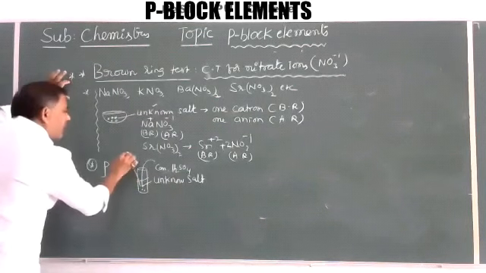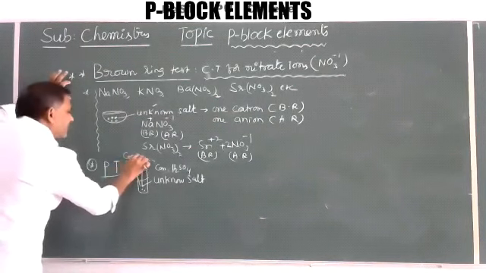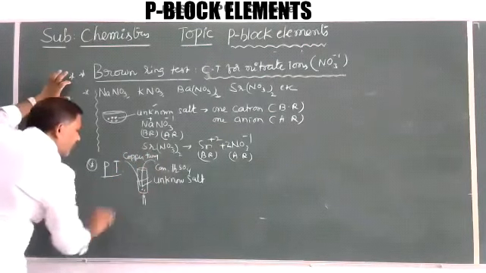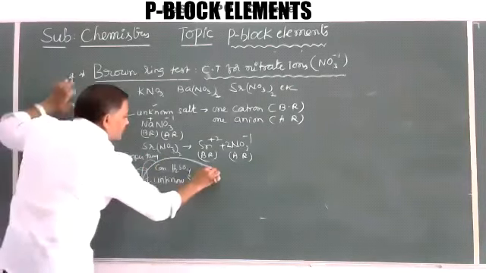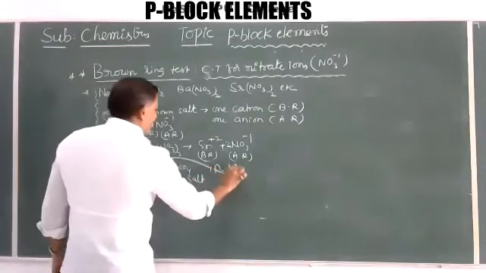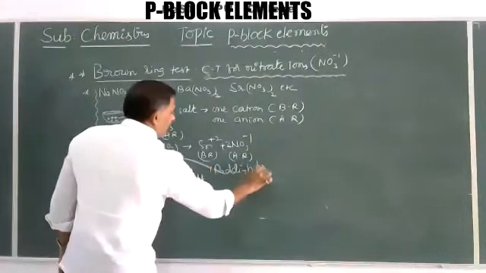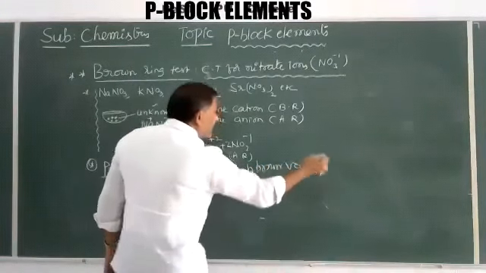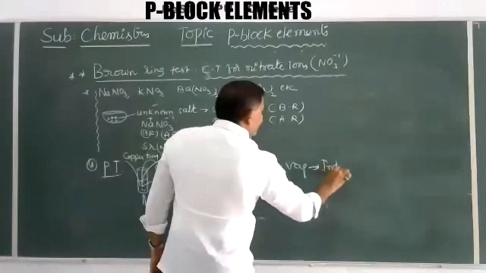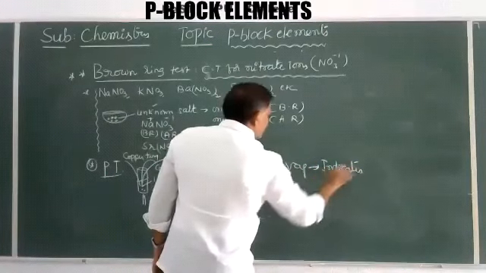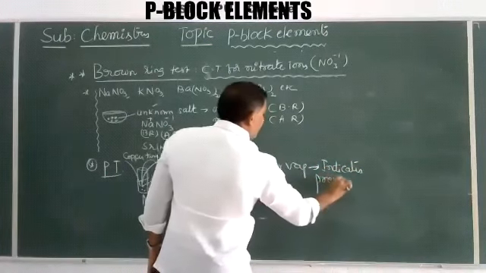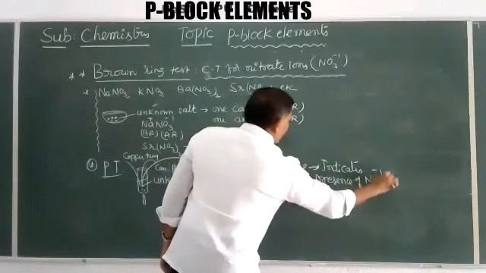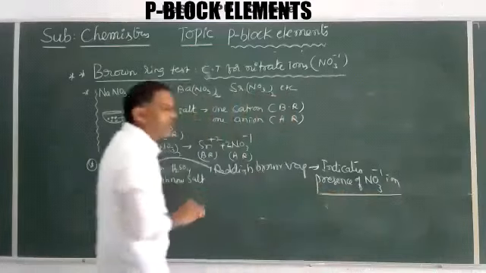Now to this copper turnings are added and heated strongly. If reddish brown vapors are liberated, that indicates the presence of NO3 minus 1 ion in the given unknown salt.